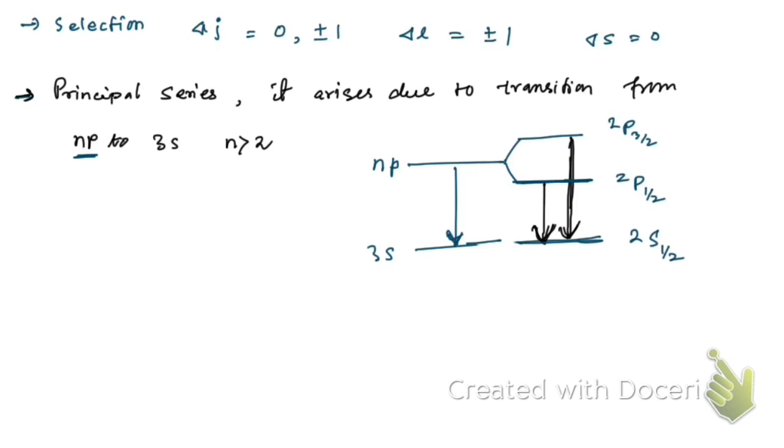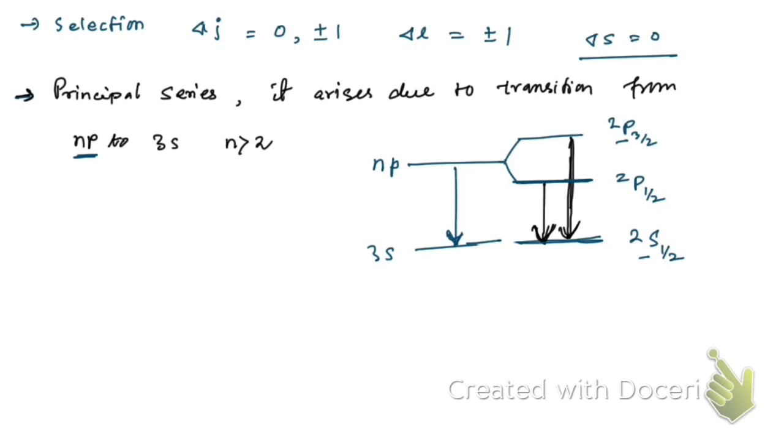And here you see this is p, this is s, so difference in L. For p, L is equal to 1, for s, L is equal to 0, right? So 1 minus 0, that's going to be 1. So that's why this selection rule is also obeyed. And here you see del s should be 0.